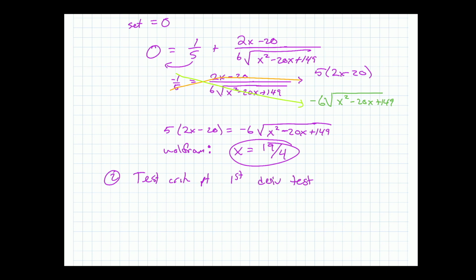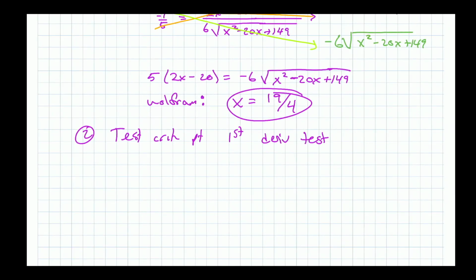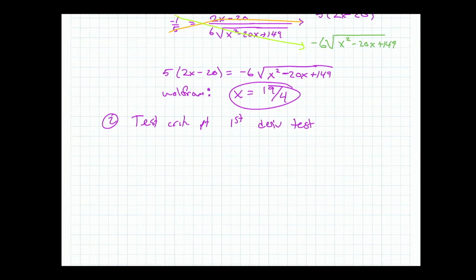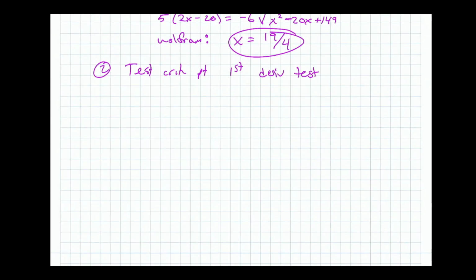Like I said before, we could test it to see if it's a minimum or a maximum, but we only have one choice here. If this isn't the answer we're looking for, then we're in trouble because we didn't have an alternate method. So we need to test the critical point.